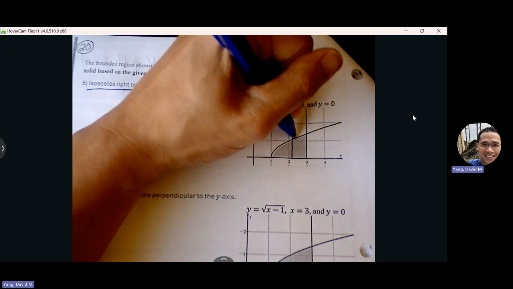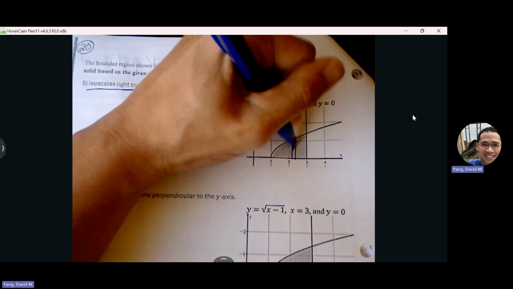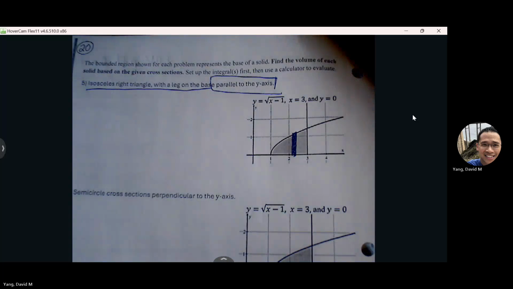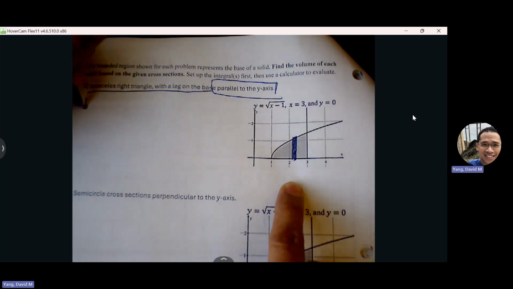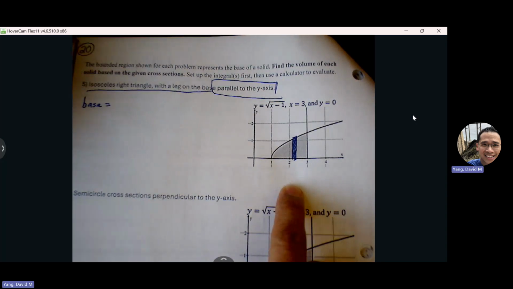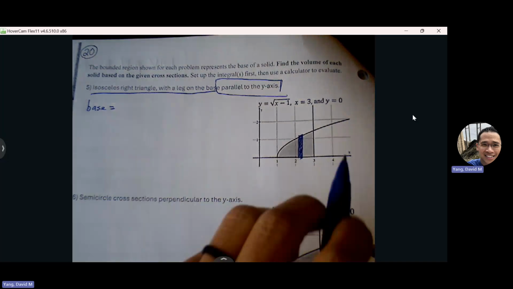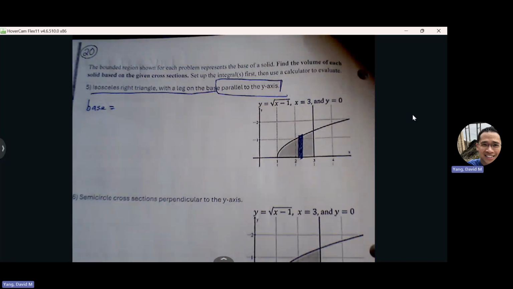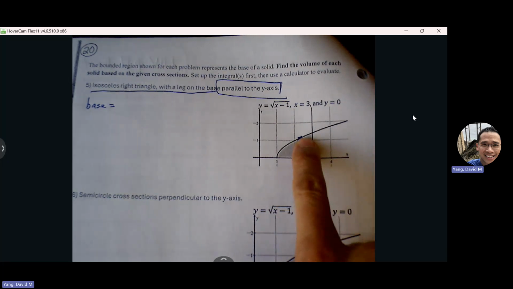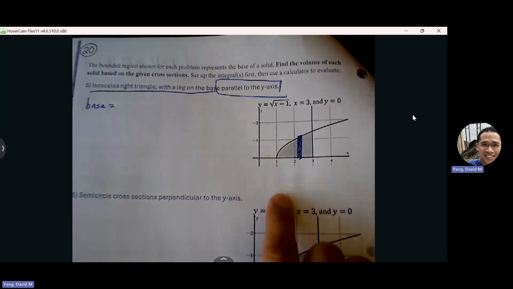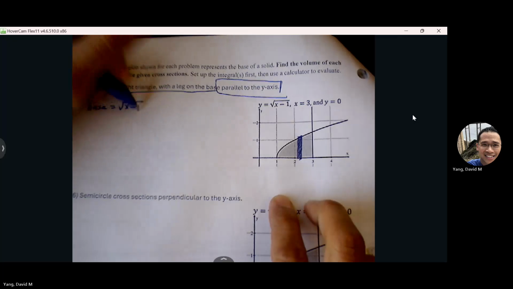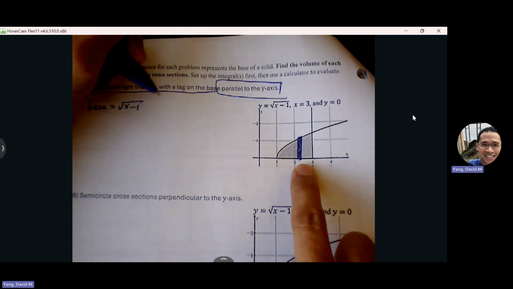You're always connecting from one boundary to the other. Vertical is always easier because you can rely on the equations given to you, with no need to rewrite anything. The top of my base length is sitting on root x minus 1. The bottom is sitting on 0.